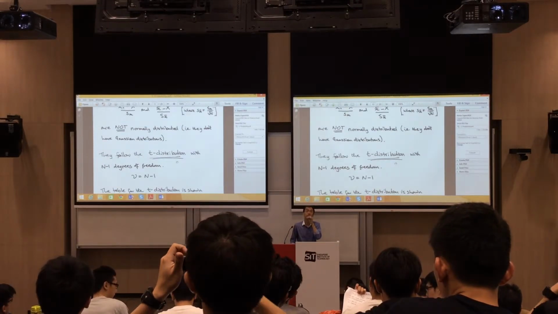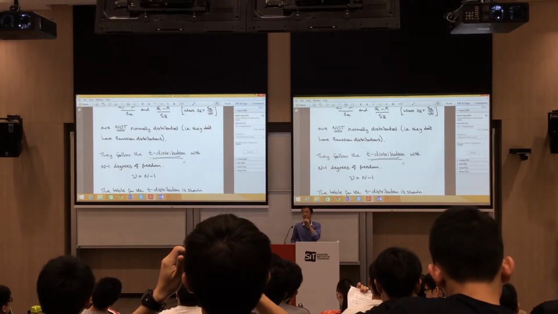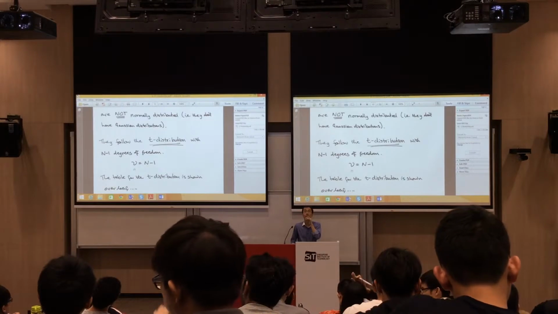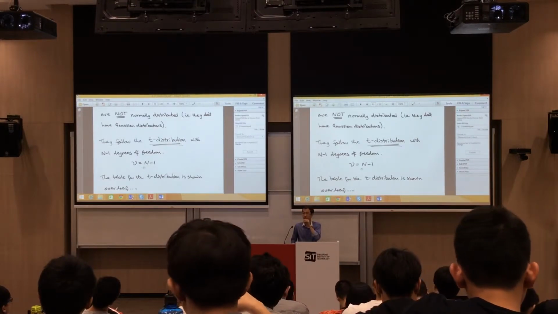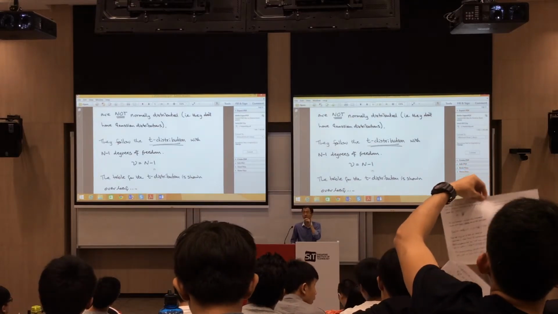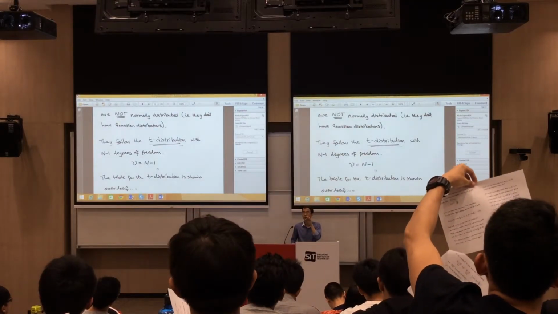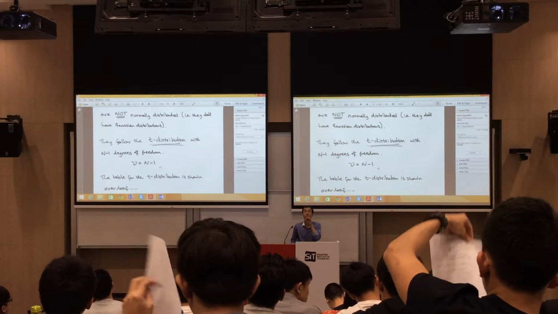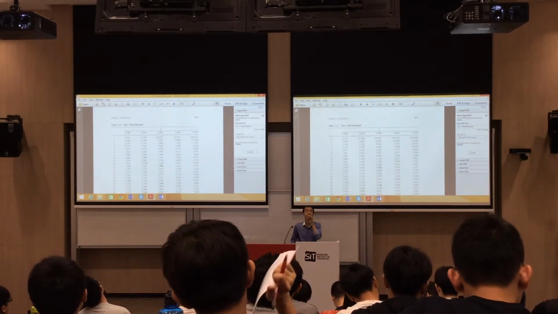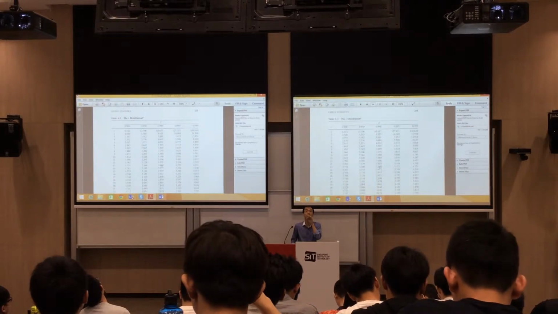For the T distribution, again, we need to use the table. For the T distribution, we have one more parameter called the degrees of freedom. Degrees of freedom is actually very simple: basically, it's n minus 1, where n is your number of sample data. Let's look at this table first.